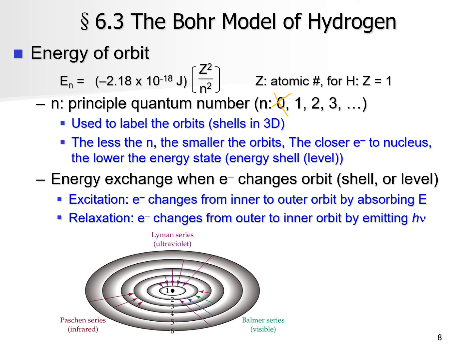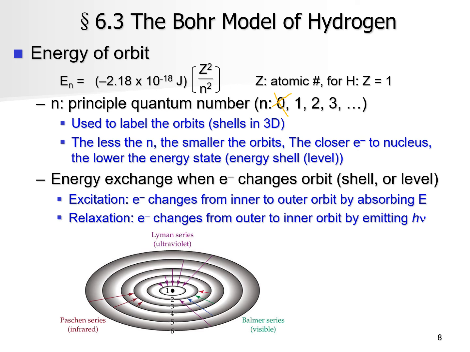And when the electron jumps back from an outer shell to an inner shell, that is what we call relaxation. That is going to emit a photon according to the postulation of Bohr's model.